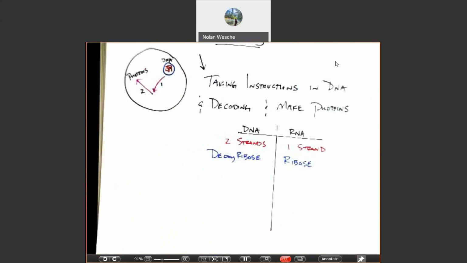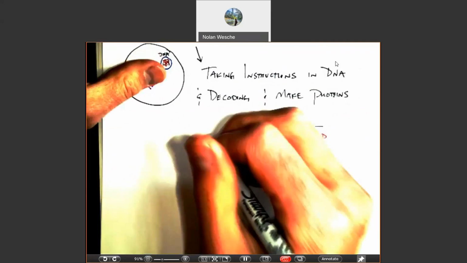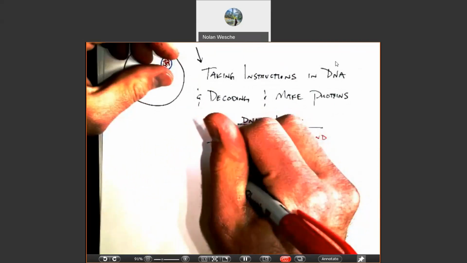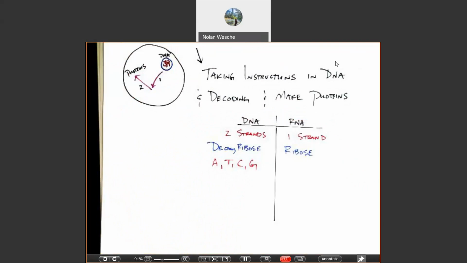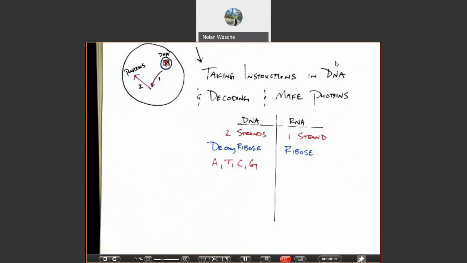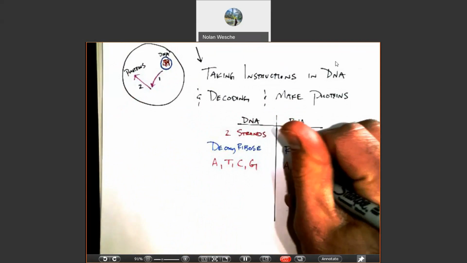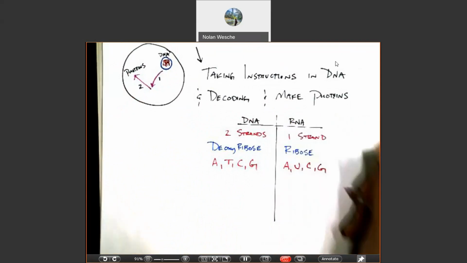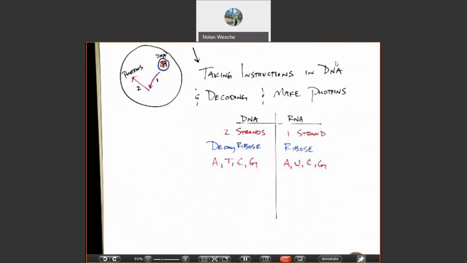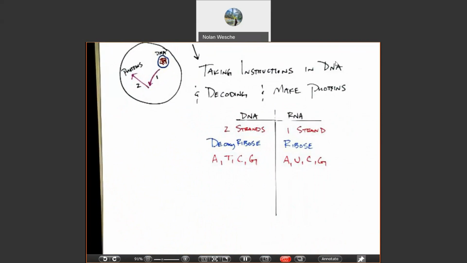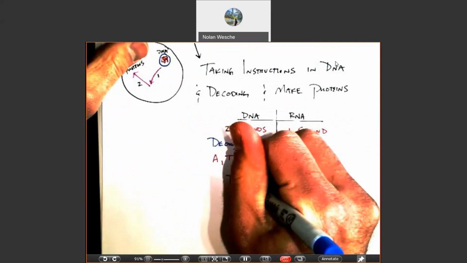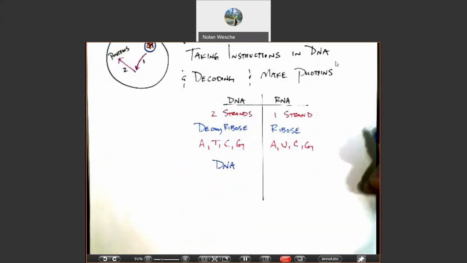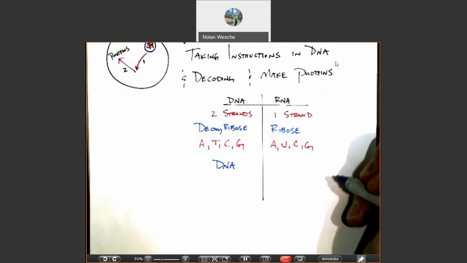When we talk about the nucleotides and the nitrogenous bases attached, DNA contains the nitrogenous bases adenine, thymine, cytosine, guanine, and we have those listed here, abbreviated. RNA has adenine, uracil, cytosine, guanine. So a difference there. For DNA, there's really just one flavor. But for RNA, we have a bunch of different varieties, some of which are involved in this process and some of which aren't.